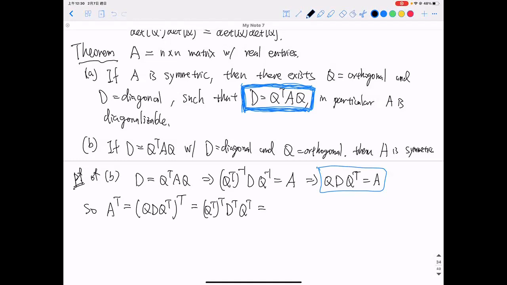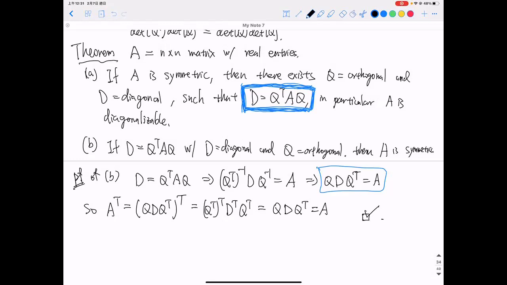Now, transposing twice gives you back, so you have Q for the first term. Now D is diagonal, so its transpose is equal to itself. And then lastly it is still Q transpose, but this is A, right? So that proves that A is symmetric.